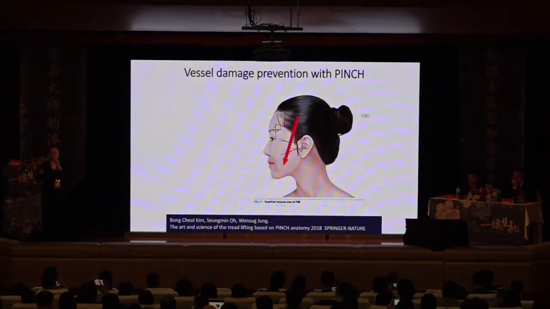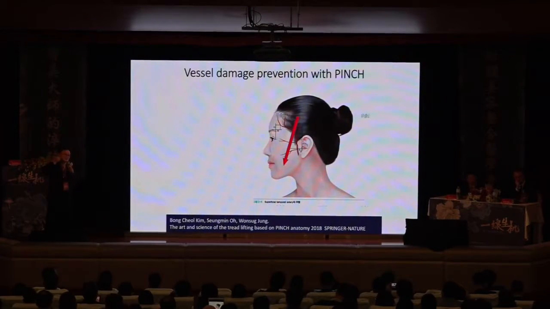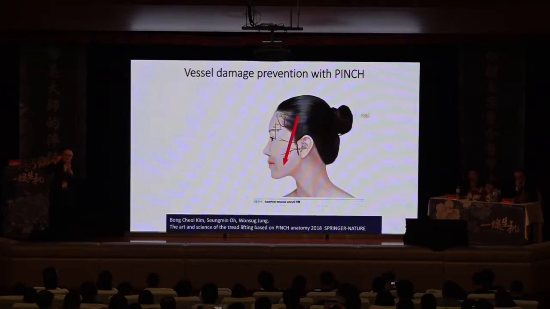The transverse facial artery is in the parotid gland. So if you pinch this area and evaluate the thickness of the skin, fat and fascia, and pass the needle or cannula just above the base of the pinching area, you can prevent transverse facial artery damage.